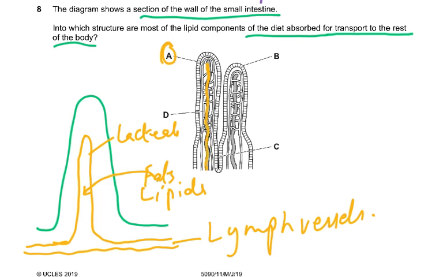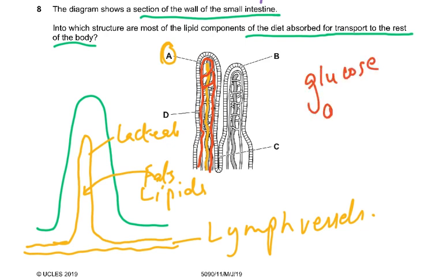And then if you can see this part, this is all the blood vessels. These are all the blood vessels. This would be the capillary network where the glucose and the amino acids would enter the capillaries.